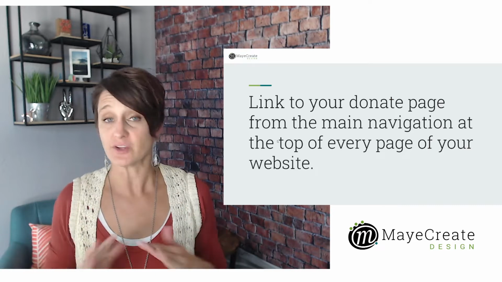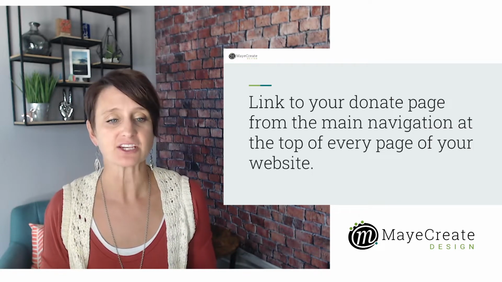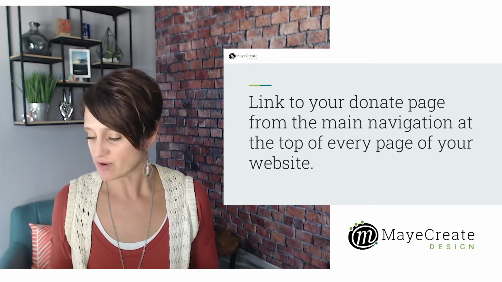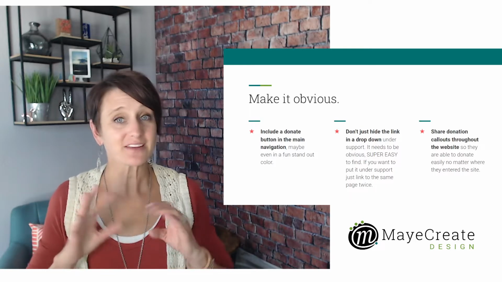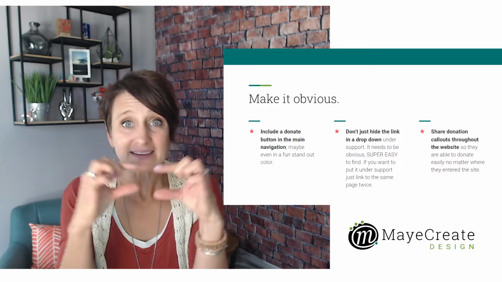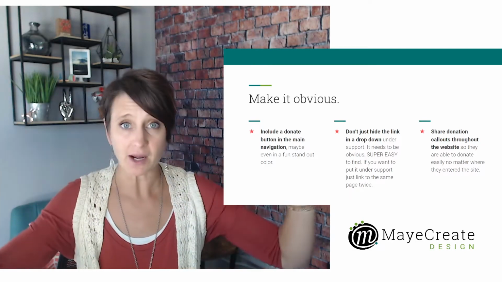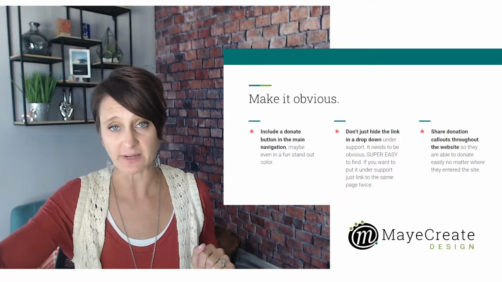Now, here's the deal. If you have a website, you need to link to your donate page from the main navigation at the top of every page of your website. Don't hide it. Don't nest it in a drop-down. You could even put it in a fun little button in the top. And when I talk about the top navigation, that's that bar up at the top. It usually has your logo in the upper left, and then it's got all these links to your pages.